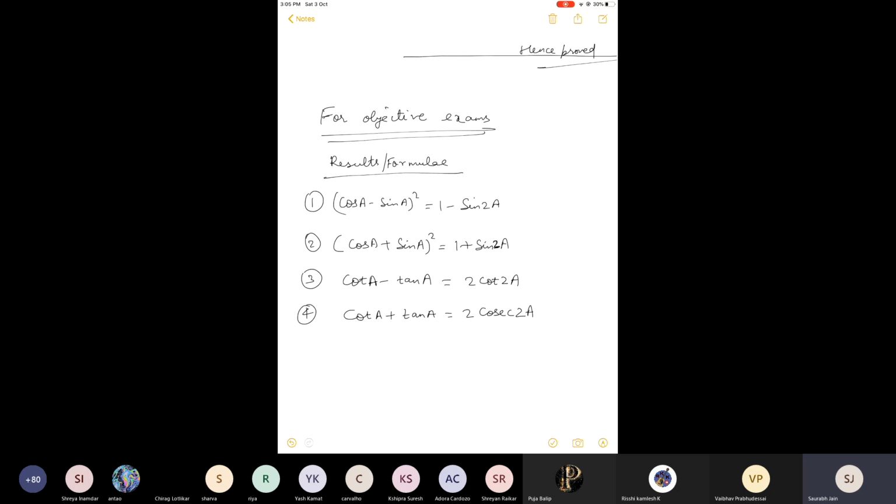Now by identity, cos square a plus sin square a will be 1. That is what I have written. And 2 cos a sin a is the formula of sin 2a if you remember. So we can prove it without writing anything. It's just a simple proof that it will become 1 minus sin 2a. On a similar basis, second one will be 1 plus sin 2a. Now I am going to prove the third result.